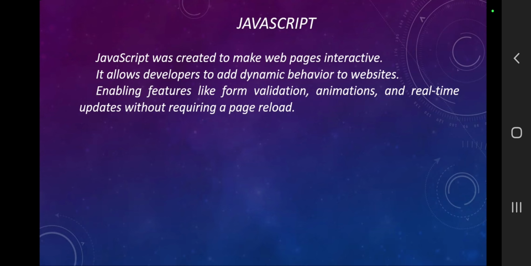Consider there is an application without JavaScript. We have HTML and CSS for the front end and some other programming language, either Java or Python, for the backend. Now there is a registration form having name, email, password, address, and all.